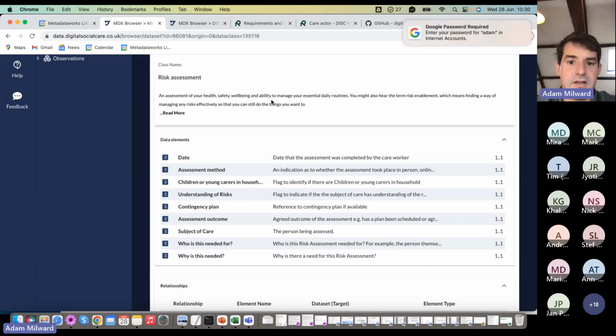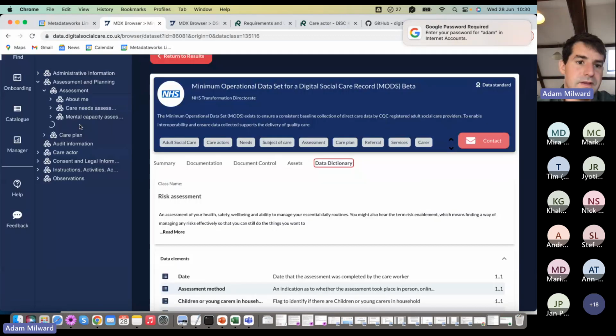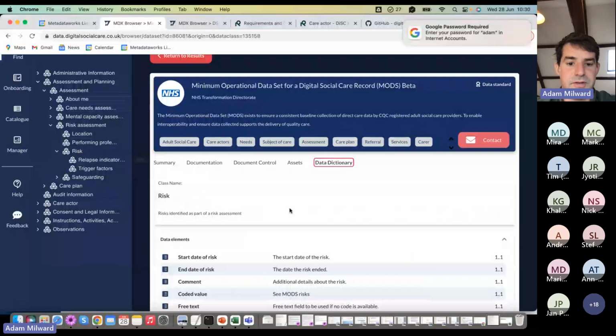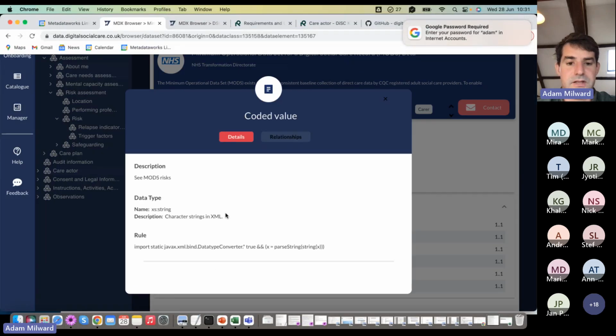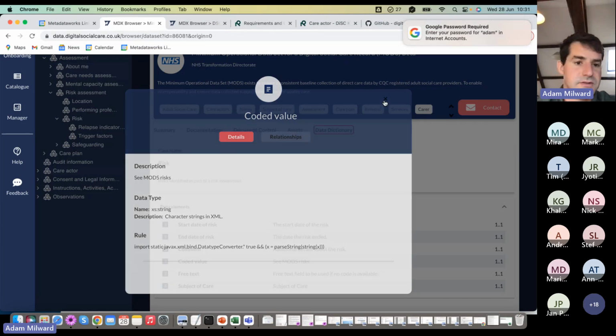And then within that risk assessment, there are a number of risks that would be logged. I think there's a coded value and the links through to the risks, and we want to make that more explicit within the specification so people can see what it is.